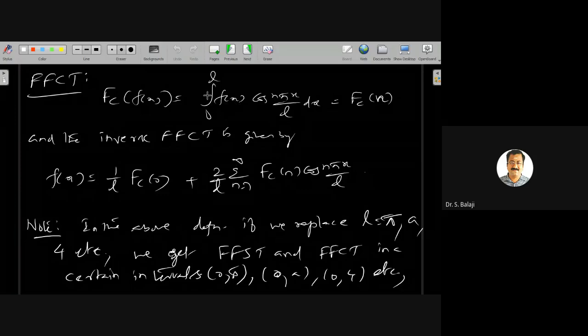That integral from 0 to L, you are removing that 2 by L, therefore the integral from 0 to L of f of x cos(n pi x by L) dx will be considered as fc of n, the finite Fourier cosine transform, FFCT.